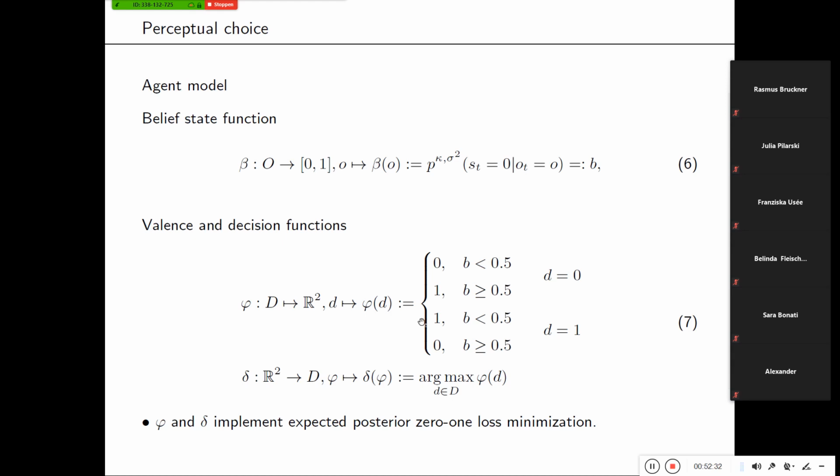This is just expressing a very simple thing: if I believe it's 0 more strongly than I believe it's 1, then I take decision 0. It just represents it as formulas, which are then implemented. If you look into the code, there are actually if statements, and they might be the same or swapped as compared to this here.